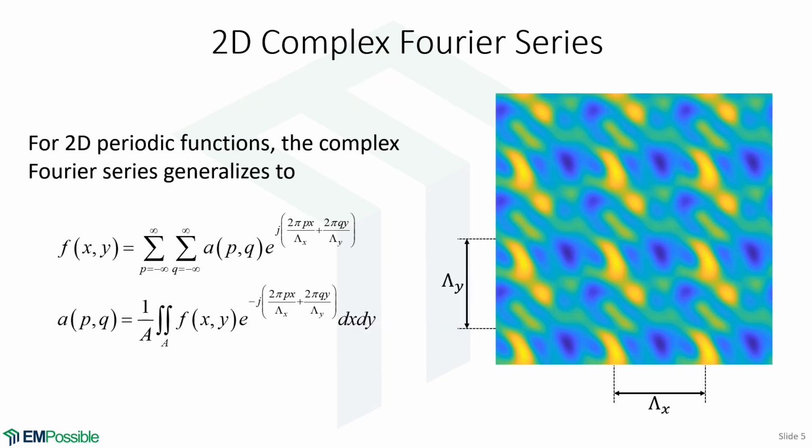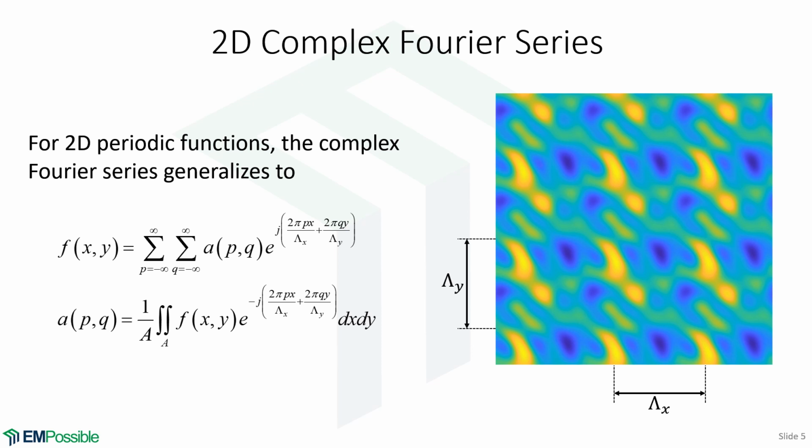Now this is something that maybe fewer of you have seen, but we can generalize the concept of the complex Fourier series to represent two-dimensional functions, or in fact three-dimensional, four-dimensional, five-dimensional. I have personally only ever gone up to three dimensions simply because we live in a three-dimensional world, but mathematically, any number of dimensions. Here we're looking at a two-dimensional complex Fourier series.